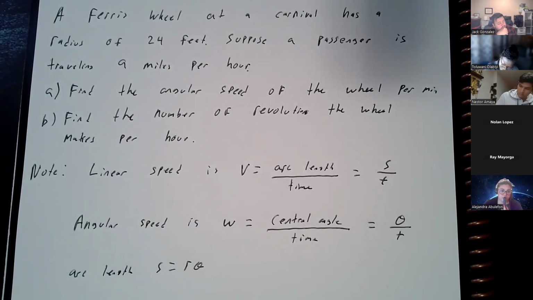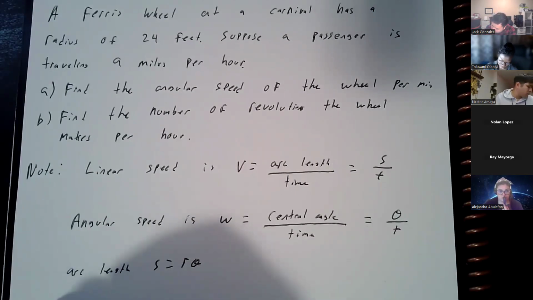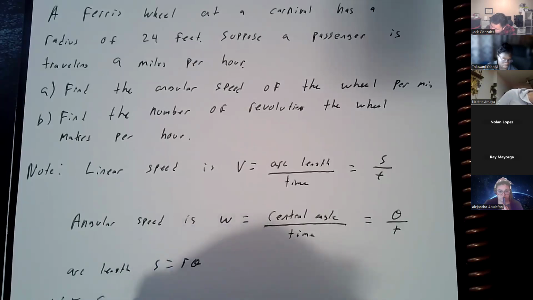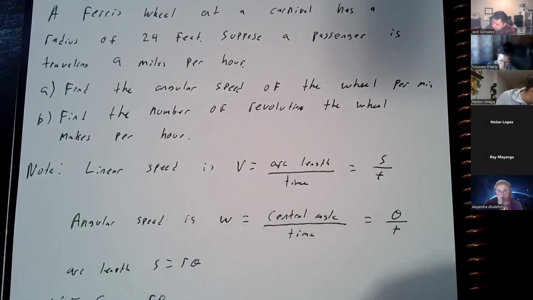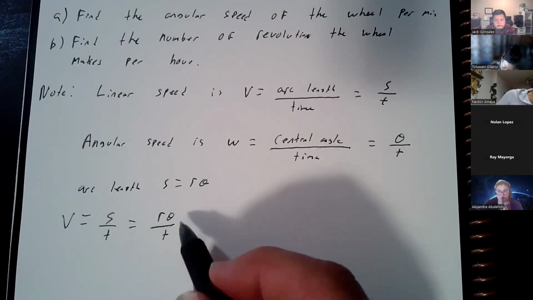Using all these formulas, you can solve for V, or you can convert V, technically. Because V is equal to S over T, which is the same as R theta over time. But theta over time is omega, right?